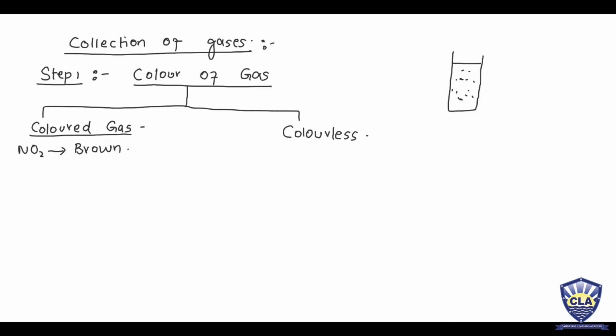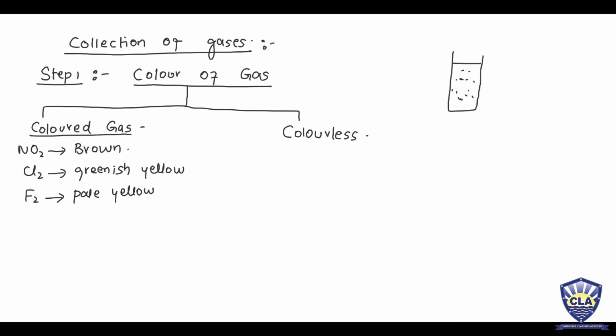The second is chlorine, which is a greenish yellow gas. And the next one is fluorine, which is pale yellow. So these, my dear, are the colored gases.